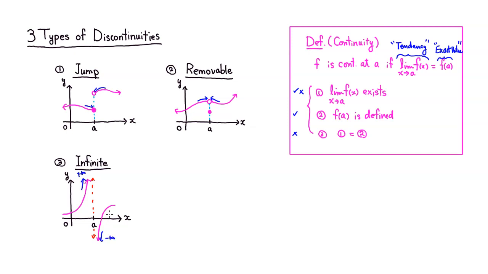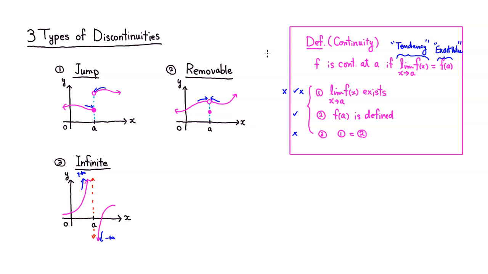If this happens, then it is called an infinite discontinuity. And which condition is violated? It's actually the first one. When you have an infinite limit, the limit actually does not exist. So we know that the first one is already violated. So this is called the infinite discontinuity.